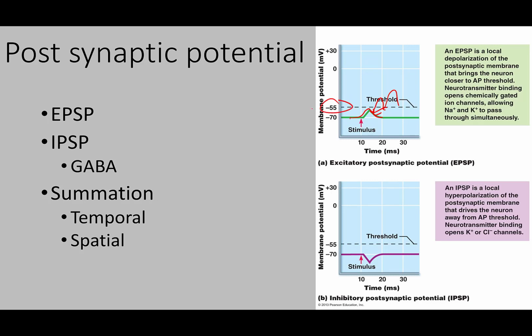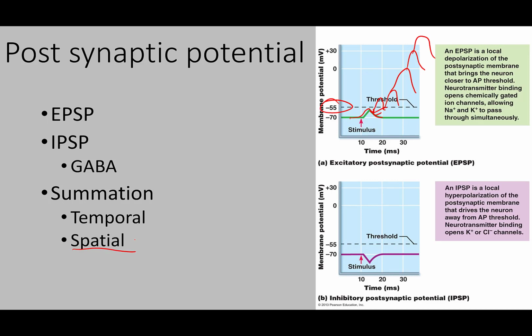And we only have to get to negative 55 to cause an action potential. If it is in a dendrite or a soma, then it will affect a bigger area and have bigger waves.